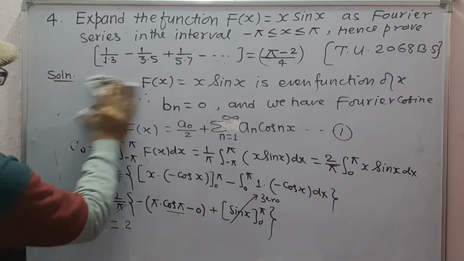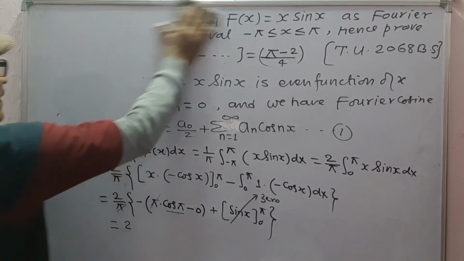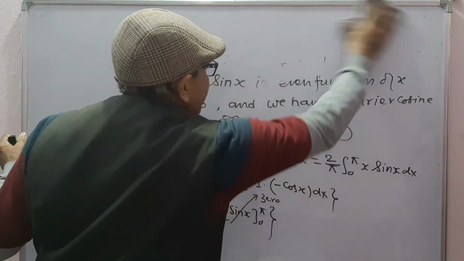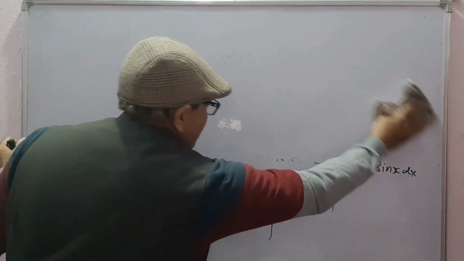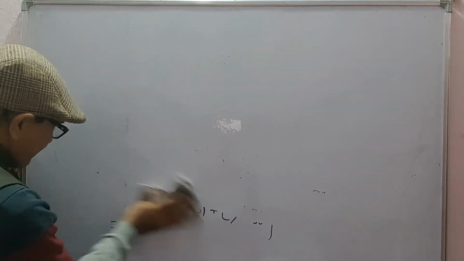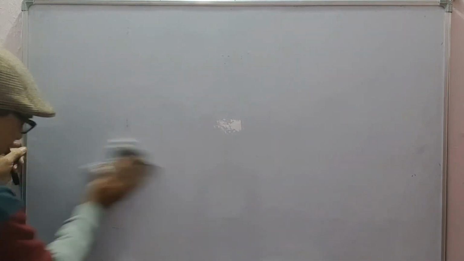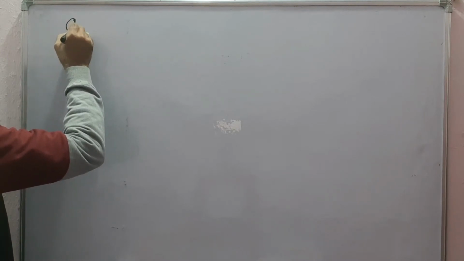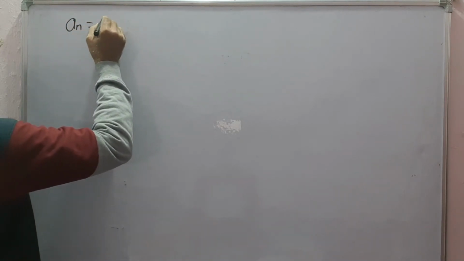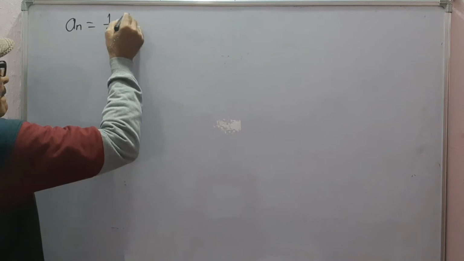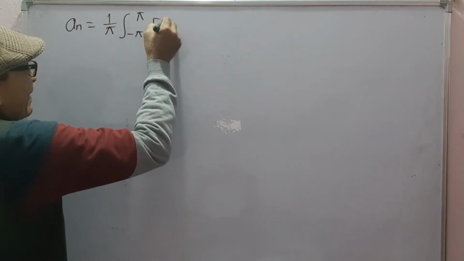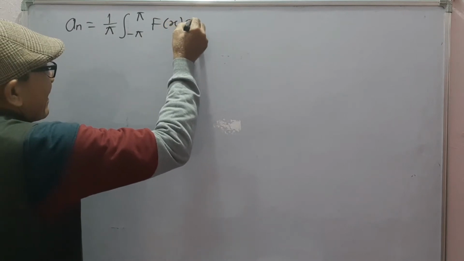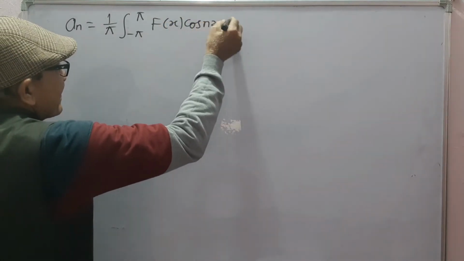Now an, we find an. Now an will be equal to 1 upon pi integral from minus pi to pi of fx cos nx dx.